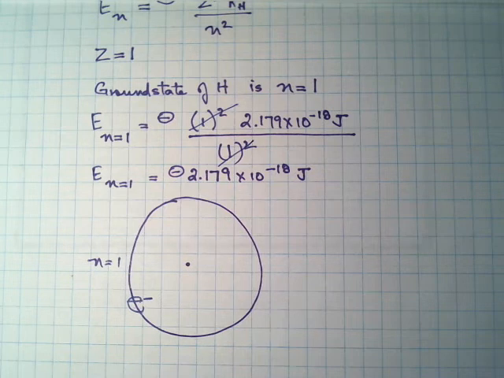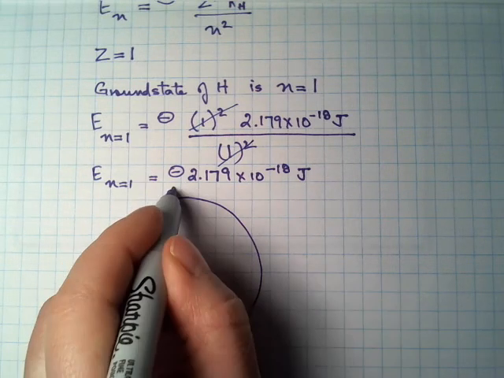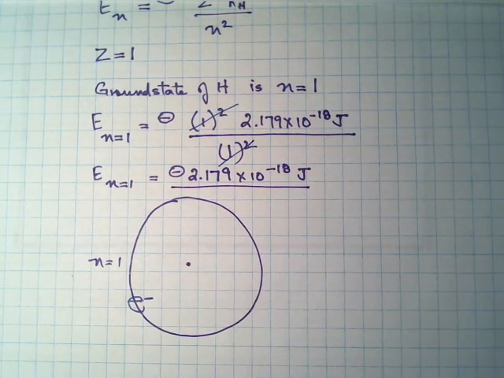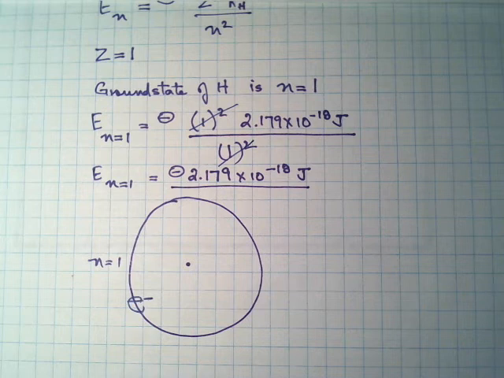So whether I'm asked for the energy of the electron in the first energy level, or I'm asked for the energy of that first energy level, or ground state of H, same calculation, same answer, a negative 2.179 times 10 to the minus 18.